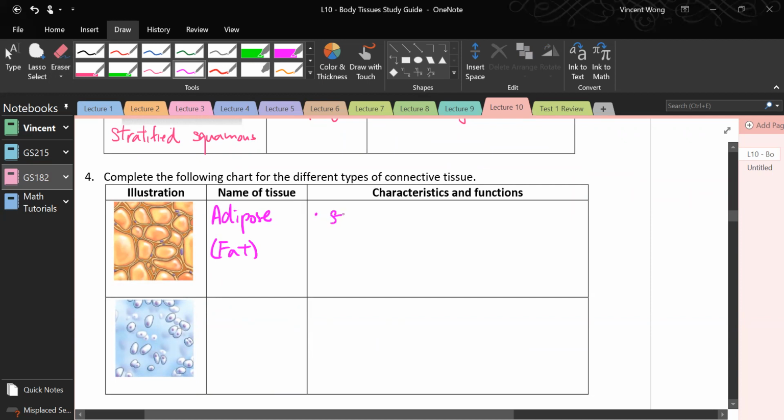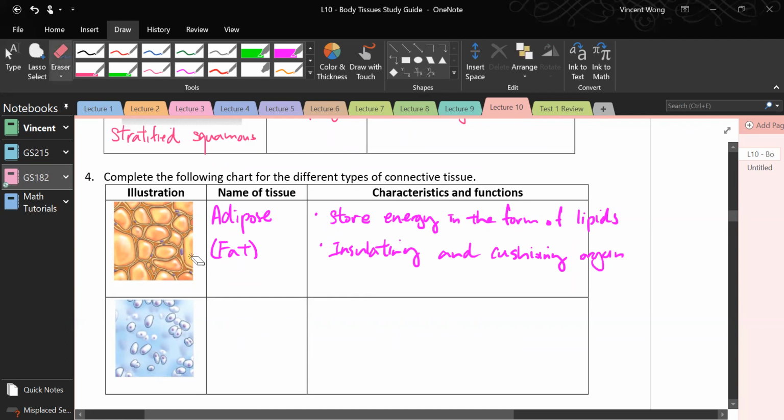What do they do? Well, they store energy in the form of lipids. And they're good at insulation, so insulating, as well as cushioning organs.